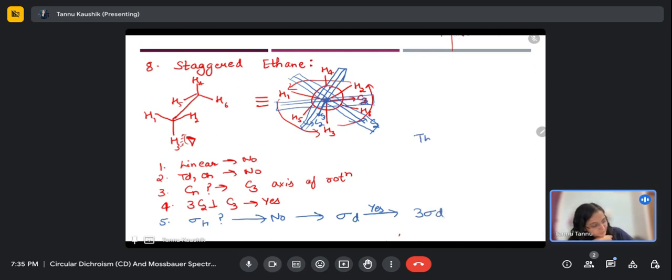So this molecule belongs to D3D point group. Okay, hence it is achiral.